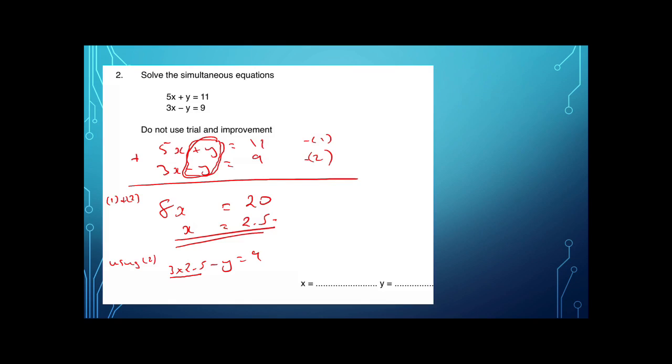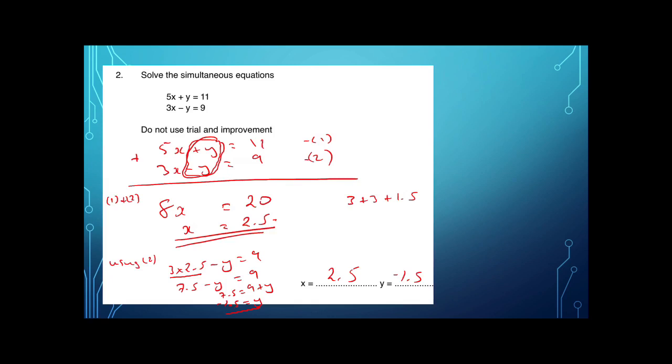When you multiply by 2.5, you're doing 3 plus 3, and then add a half. So that's 6, 7.5. So 7.5 minus y is equal to 9. I'm going to solve this like this. Add y to both sides, then subtract 9 from both sides to give negative 1.5. So I get negative 1.5 for y, and x is 2.5.